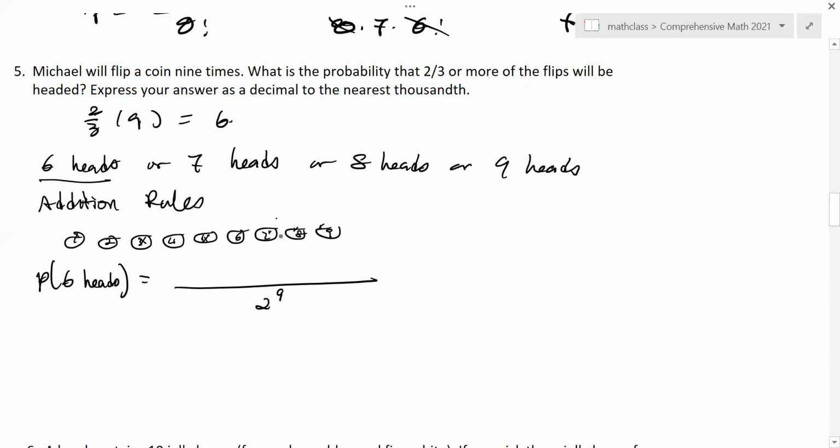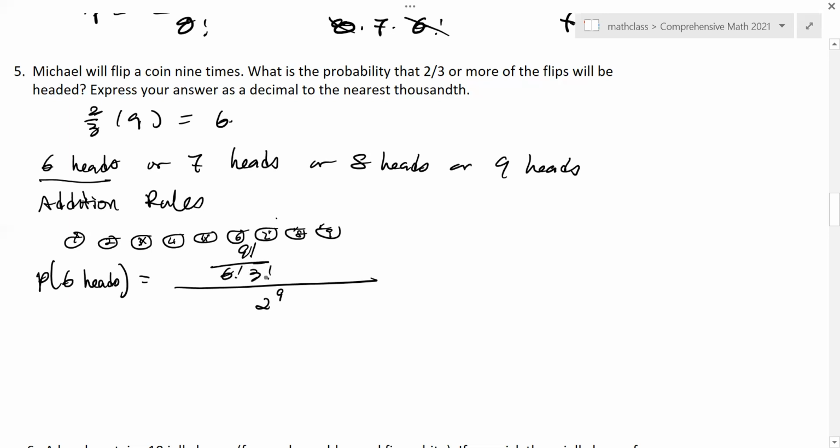So total 6. If those numbers are called or selected, then you put H. The rest of them you put T. So the number of outcomes will be 9 factorial over 6 factorial times (9 minus 6) factorial, which is 3 factorial.